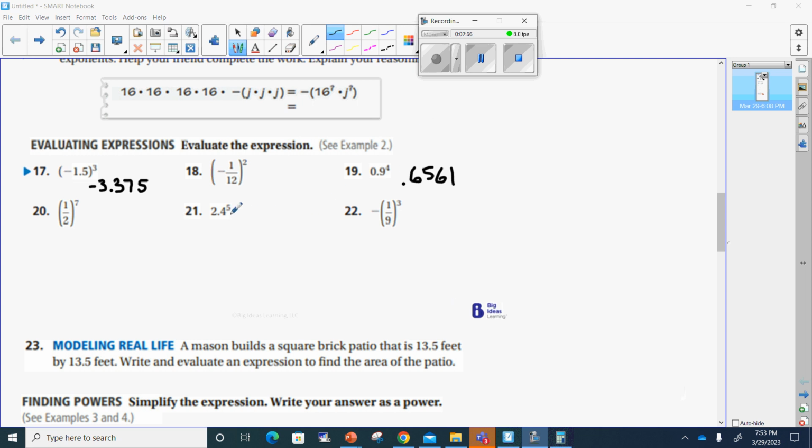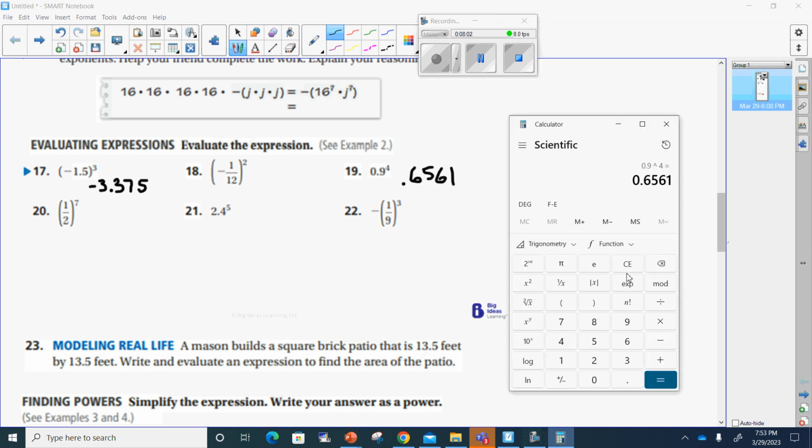Next, I'm going to go to number 21. Number 21 says 2.4 to the fifth power. So once again, I'm going to clear my calculator and put 2.4 and put it up here to the fifth power.